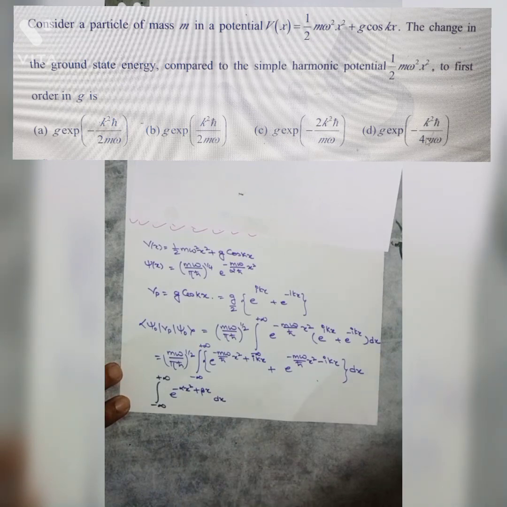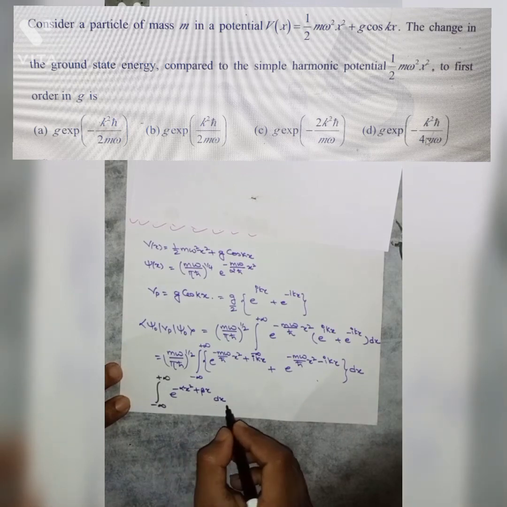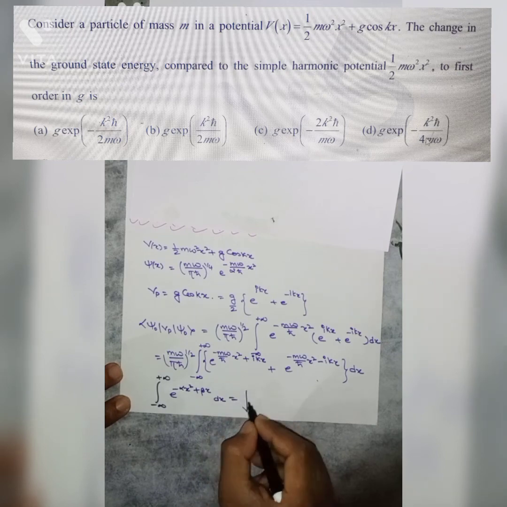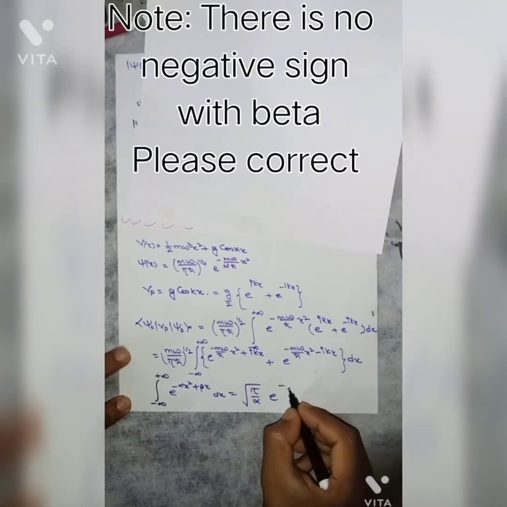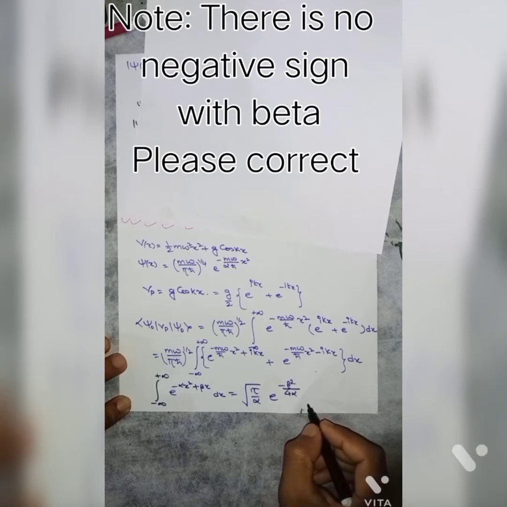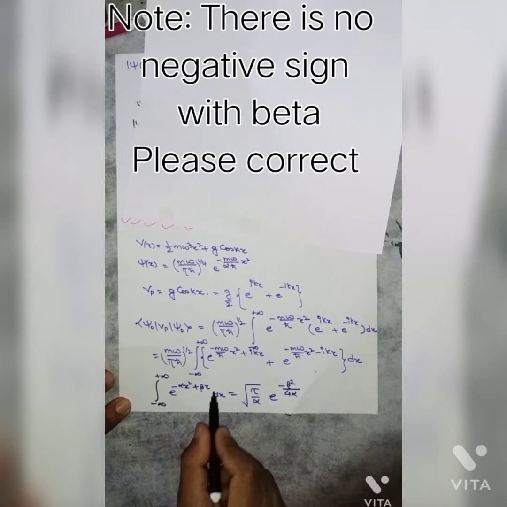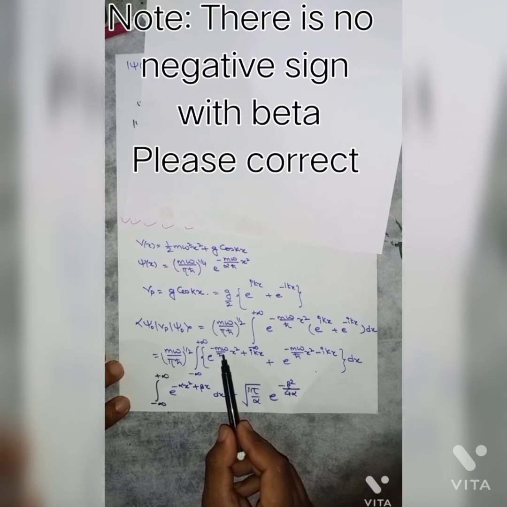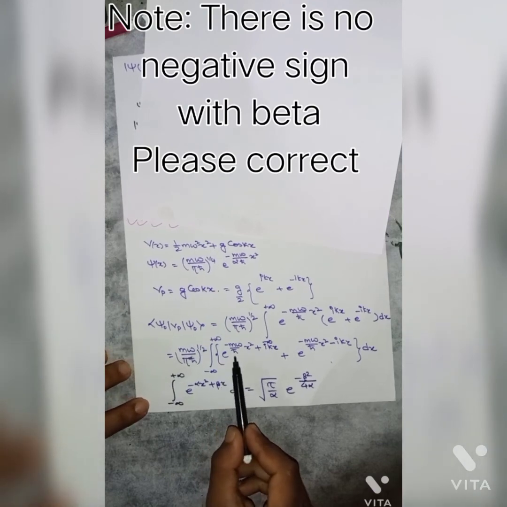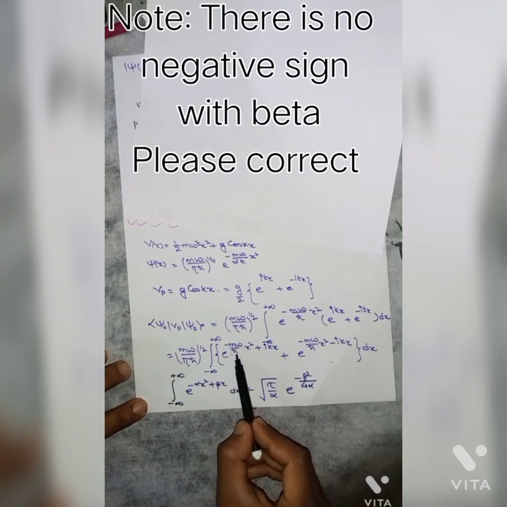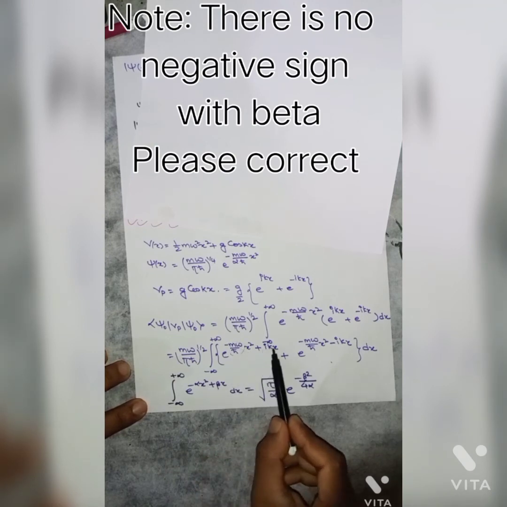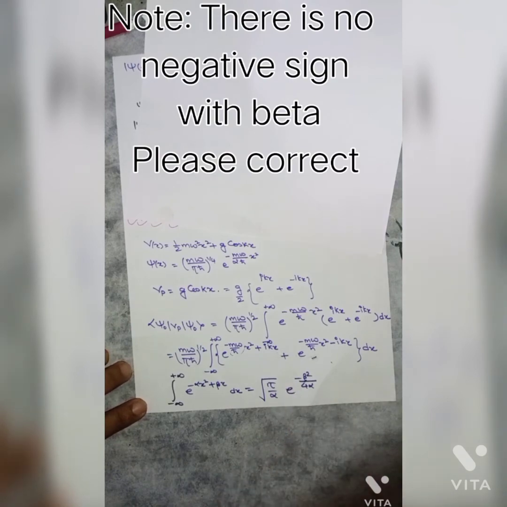If the form is just like this, then it will be square root of pi by alpha times e to the power minus beta squared by 4 alpha. This is the solution. So if we check here, mω/ħ is our alpha, and beta is ik. Okay, so we will apply this here.